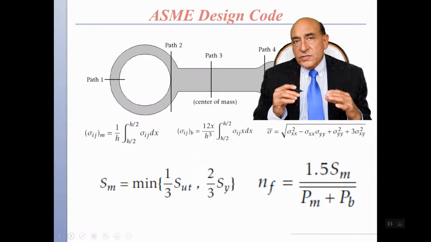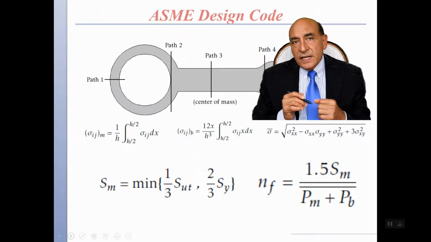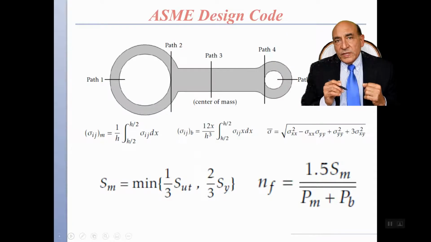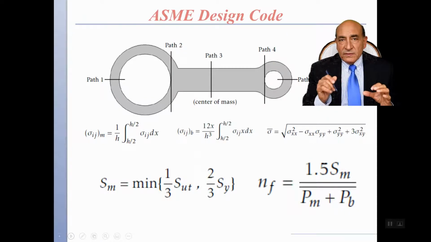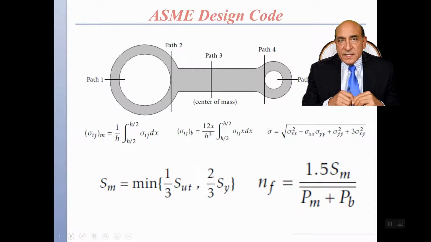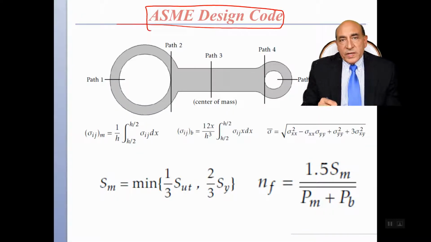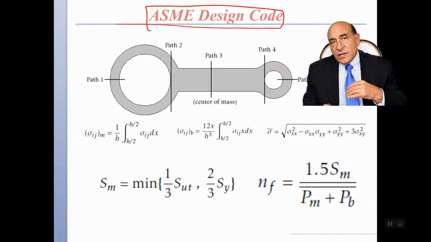In order for us to ascertain the lifetime, we usually do not base our decision on local values of the stresses obtained from the finite element. We apply the ASME design code with the objective of finding a good value for the safety factor.